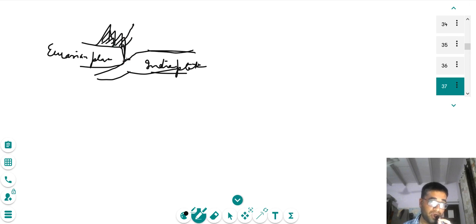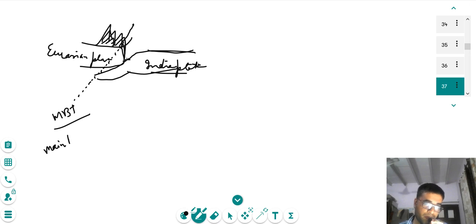After that, along this fault, which is called the main boundary thrust, there was upliftment of the Great Himalayas.